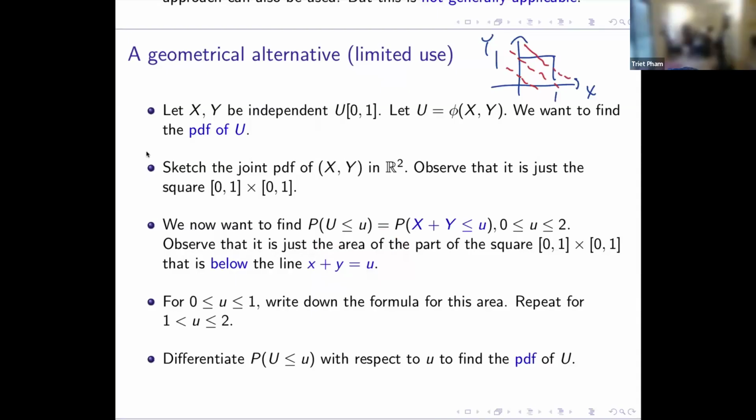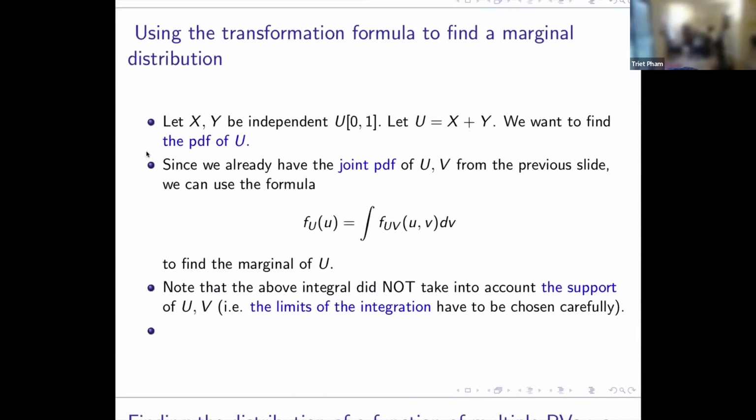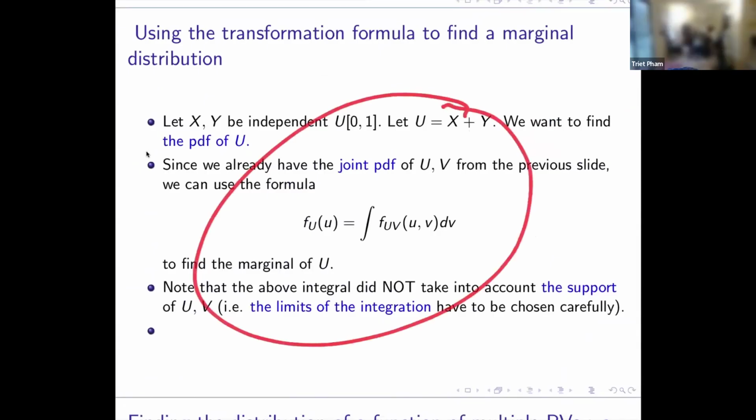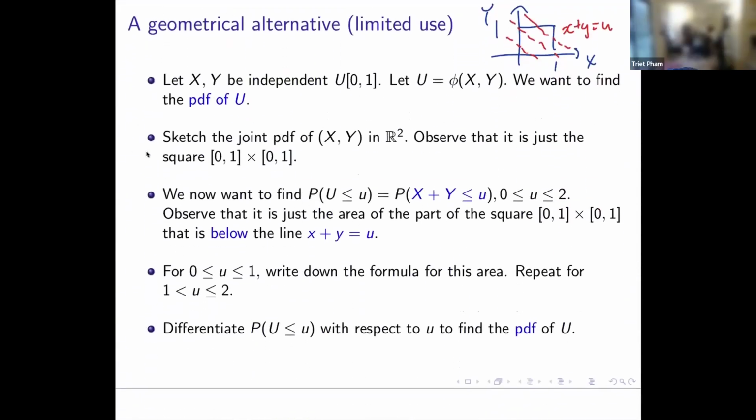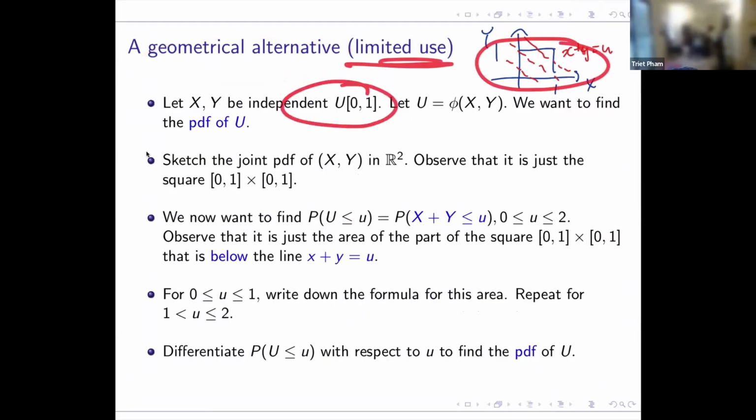So this is x plus y equals u for different values of u. In this case, going through the formula up here is too much, is painful. Here you can just work directly with the geometrical approach. But this has limited use because it only works with things where you can calculate out the area very easily. If you can't, then this approach doesn't work.